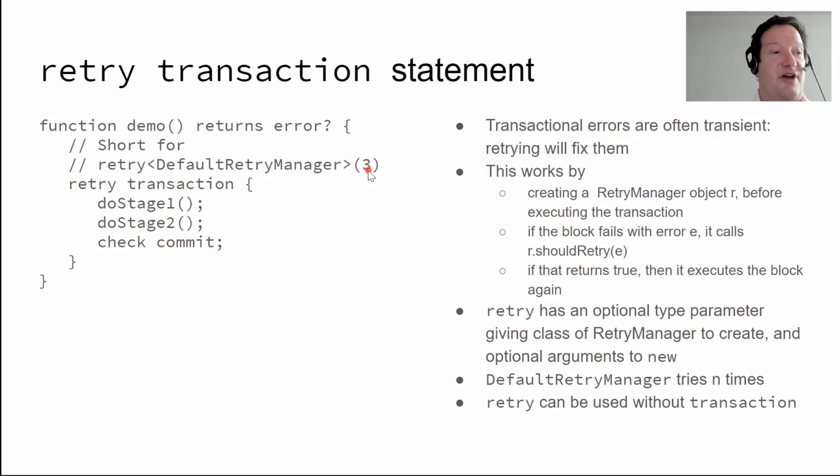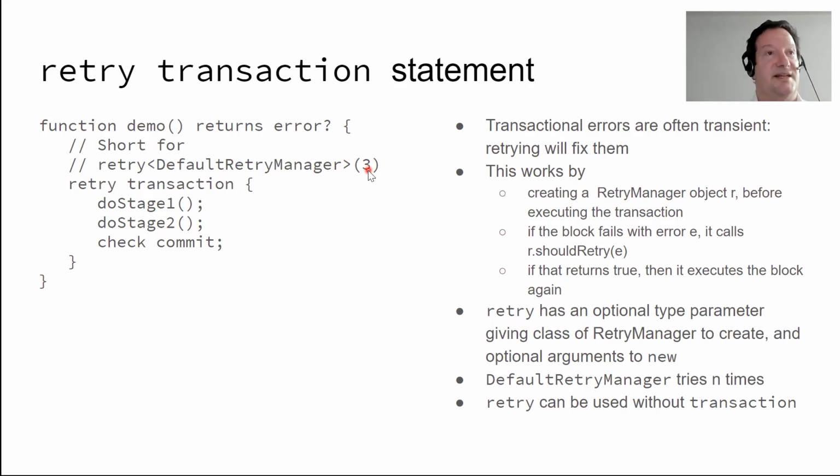The should retry method just increments the count of how many times you've tried, and if you get to 3, it won't retry. It also looks at the type of the error. For some kinds of error it's useful to retry; for others, it's not a transient error and it's not going to help you to retry.